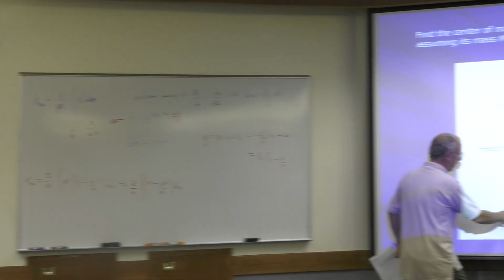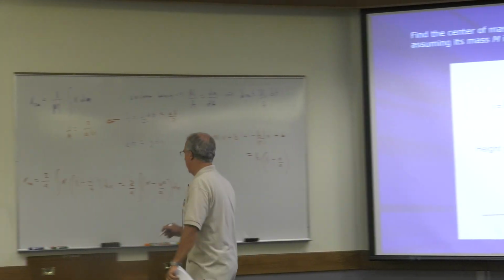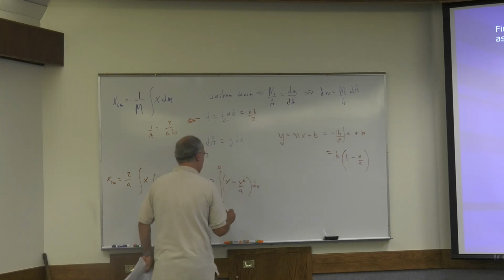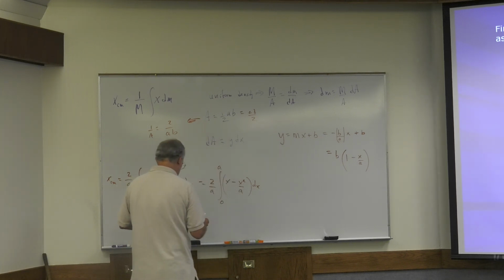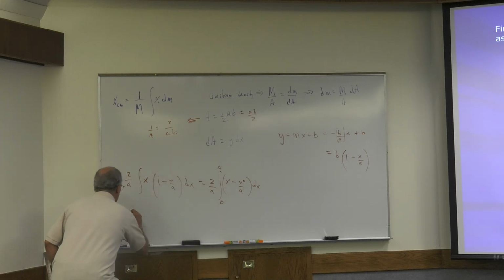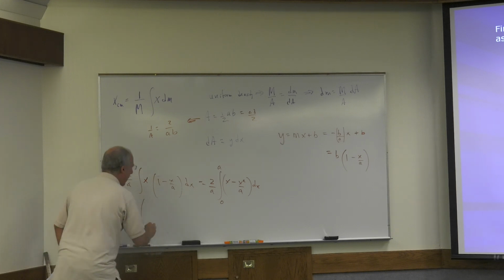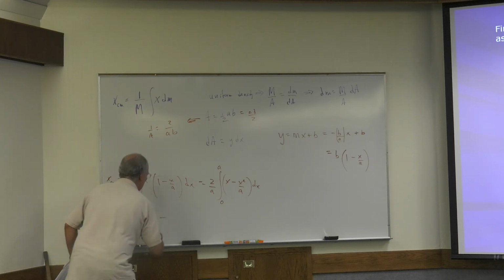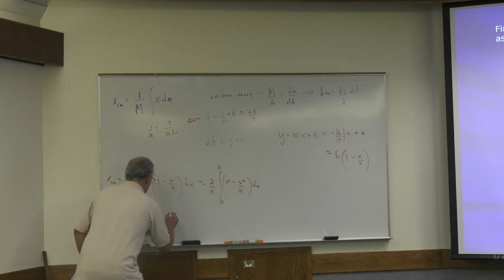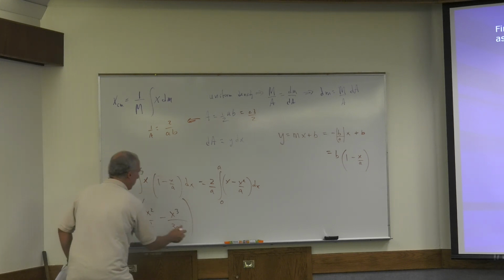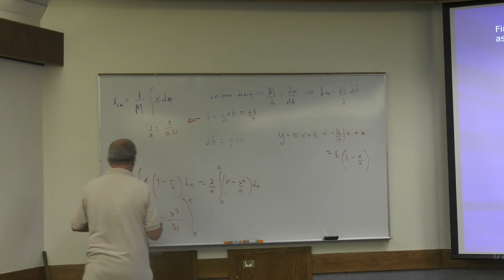Well, x goes from 0 to a. So we have 2 over a. What's the integral of x? x squared over 2. What's the integral of x squared over a? x cubed over 3a. And that's going from 0 to a.